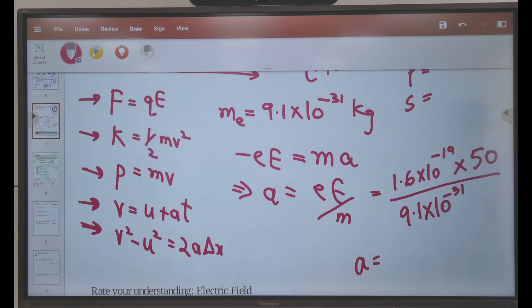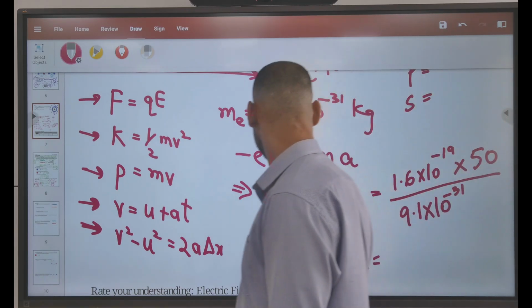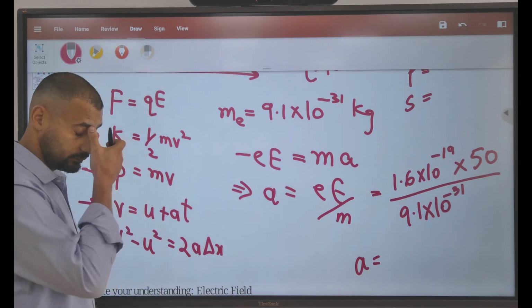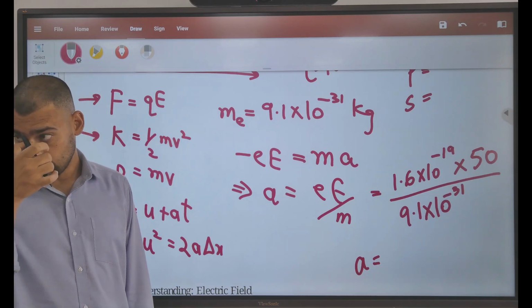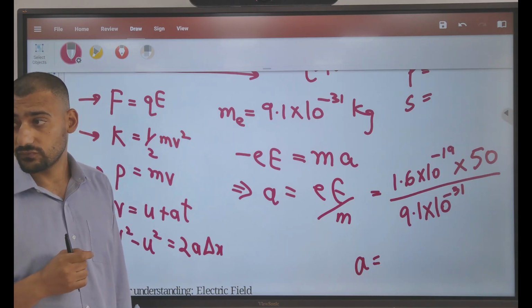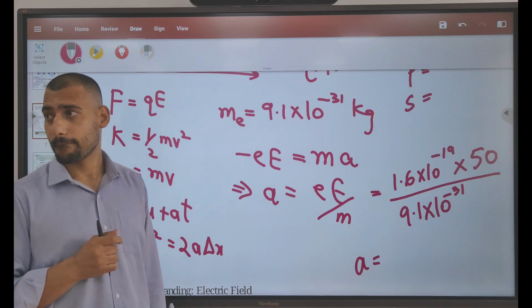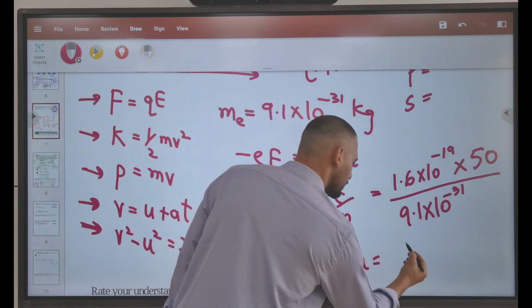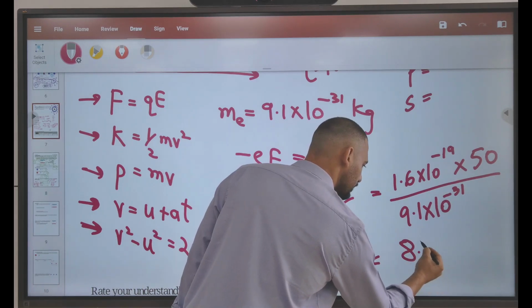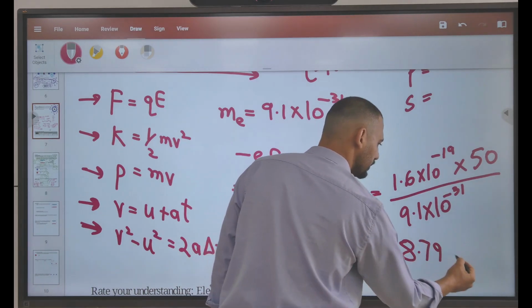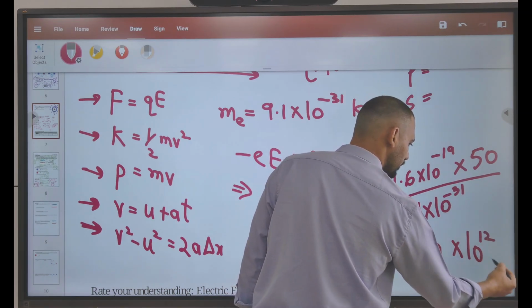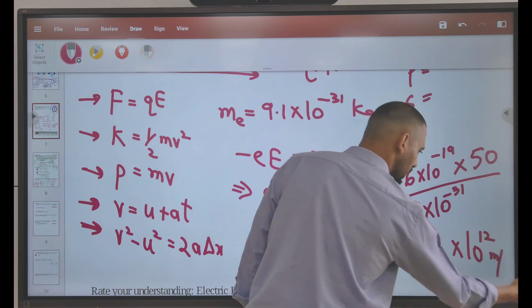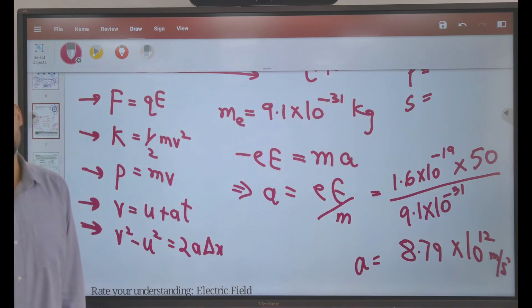What is the acceleration? Fatima, yes? 8.79 times 10 to the power 12 meter per second square. That's it. That is the acceleration.